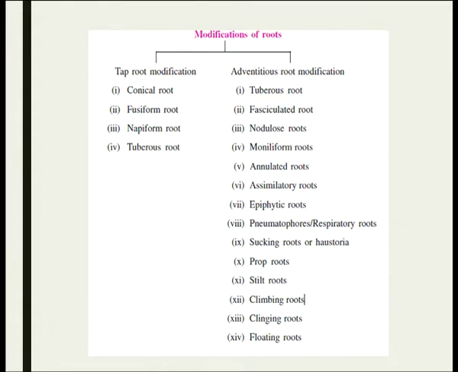This we have seen examples also, and now we shall be talking about the second category in the table which you see, and that is adventitious root modifications: tuberous root, fasciculated root, nodulose root, moniliform root, annulated roots, assimilatory roots, epiphytic roots, pneumatophores or the respiratory roots, and sucking roots, prop roots, stilt roots, climbing roots, and clinging roots, and floating roots.